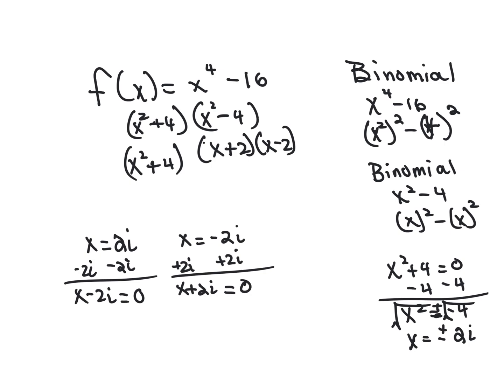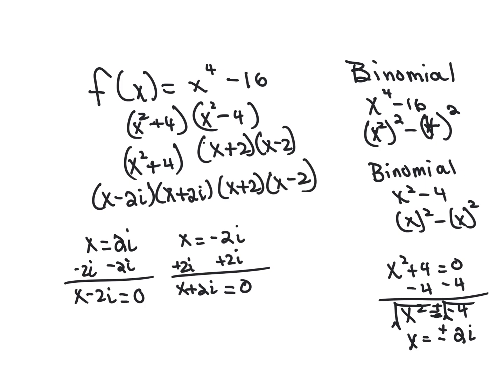Therefore, factored, this would become x minus 2i times x plus 2i times x plus 2 times x minus 2.